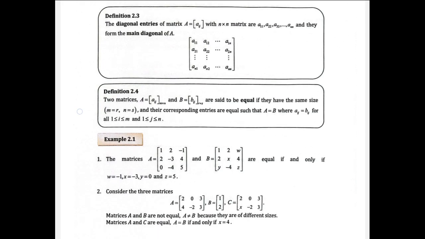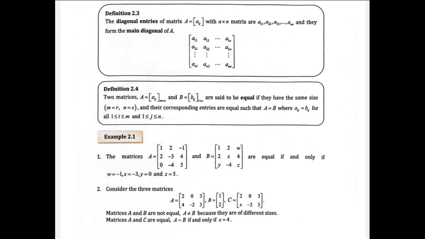Now, two matrices are equal if they have the same size and every corresponding entry is equal. That means the numbers in each position match exactly.